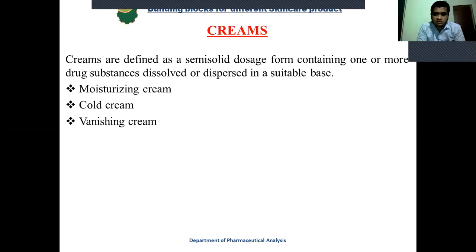Okay, so what is cream? Cream is defined as a semi-solid dosage form containing one or more drug substances dissolved or dispersed in a suitable base. Okay, so there are some creams which don't have a particular drug substance also. And we know there are various creams which have particular drugs, like anti-inflammatory agents or various amino acids.